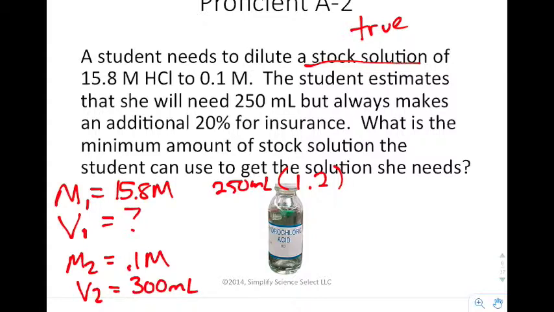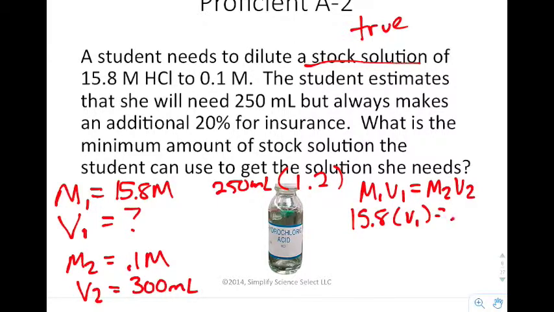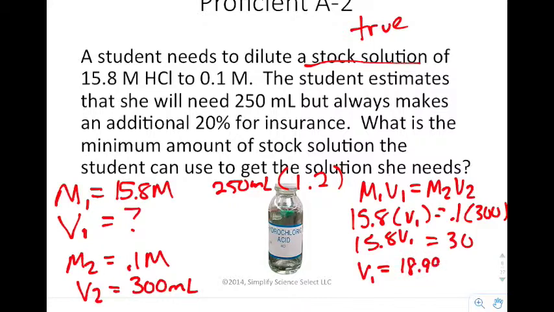So now I can plug it into the equation that I know, M1V1 equals M2V2. 15.8 V1 is equal to 0.1 times 300. So you would have 30 is equal to 15.8 V1. Whenever you divide this out, you end up with a volume of about 18.99 mLs.